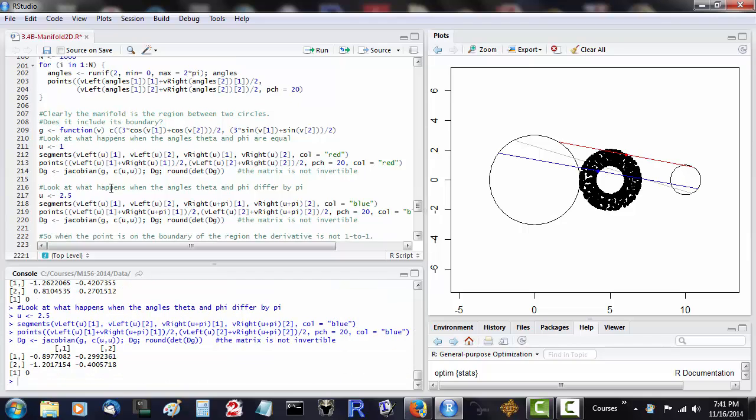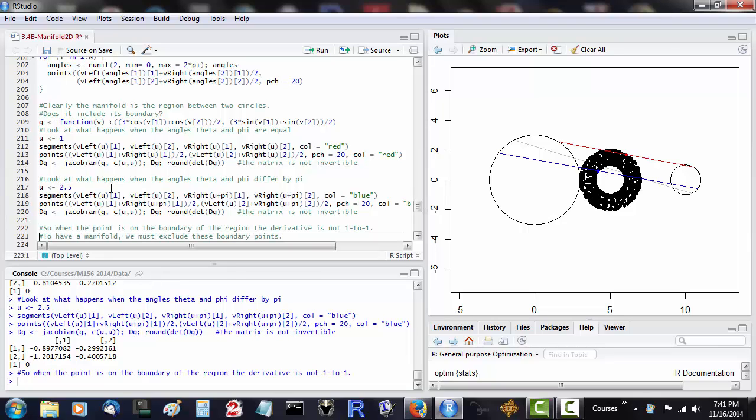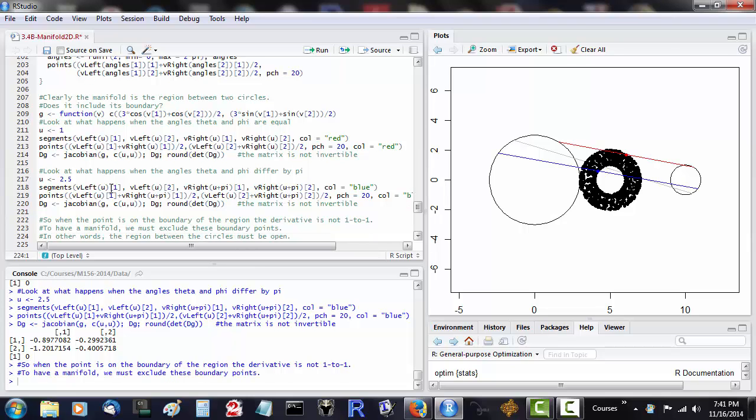Again, the Jacobian matrix is not invertible. So we've concluded whenever we've got a point on the boundary of the region, the derivative is not one-to-one. That means that can't be a point on the manifold. We have to exclude those boundary points, and the manifold, the region between the circles, is an open set.